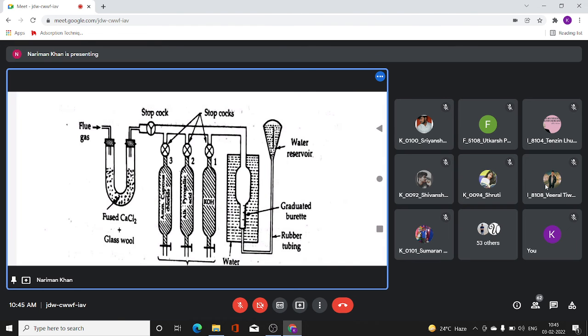And from the top, it is also covered with glass wool, so that no unwanted air can go into it.